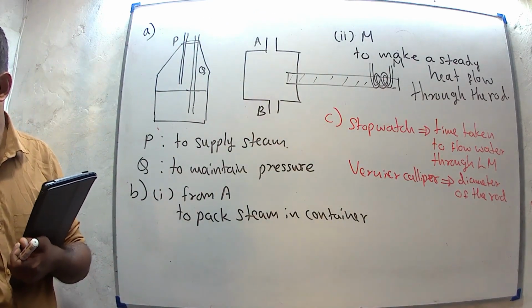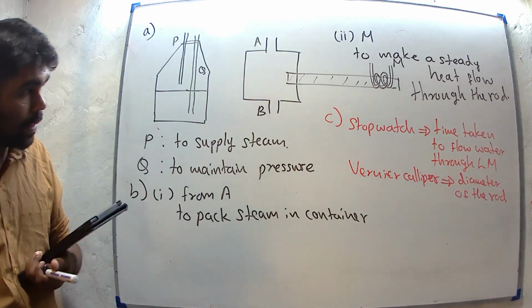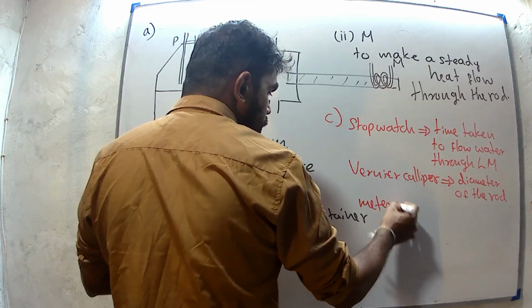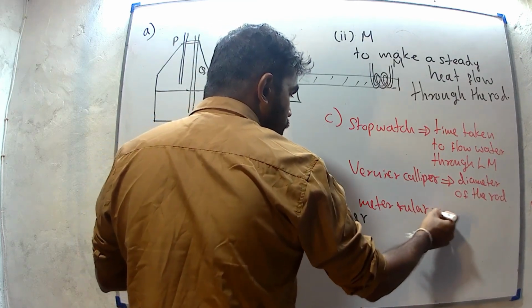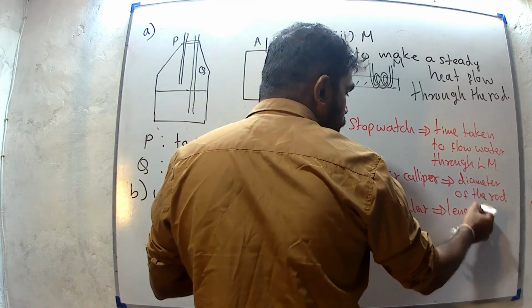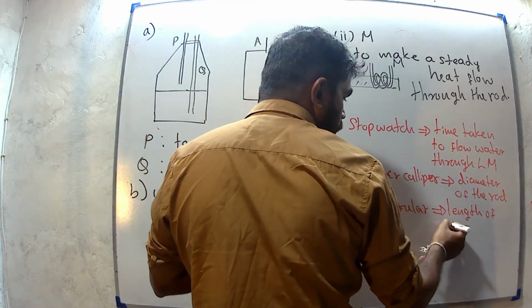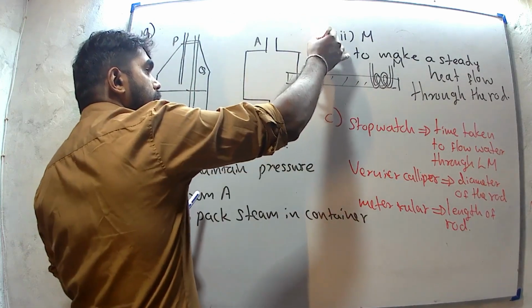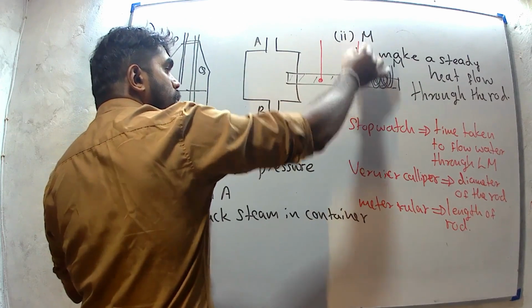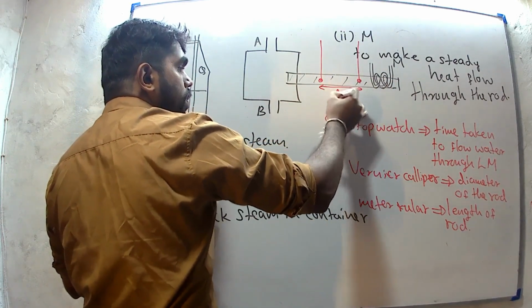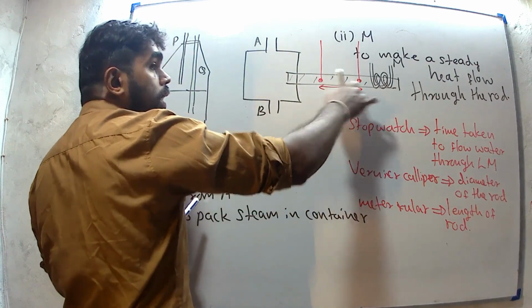Third one, we can write meter ruler. We are using the meter ruler to measure the length of the rod. We have to get the distance between two thermometers as the length of the rod. We have to consider only this length.